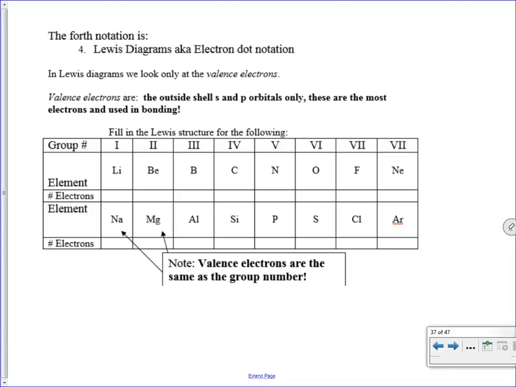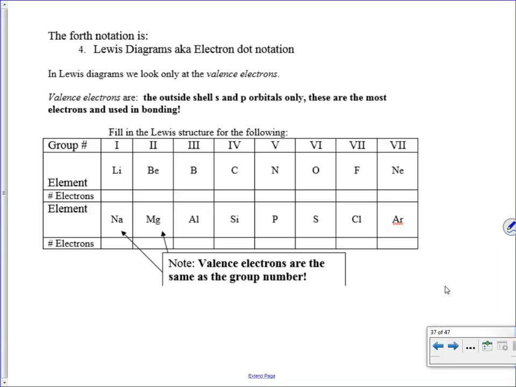Okay? So, if we look here, I've got the second row and the third row of the periodic table. The second row and the third row. And I have the symbol written already.